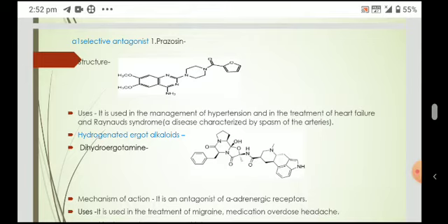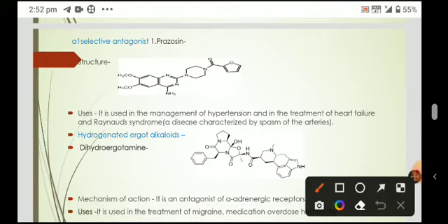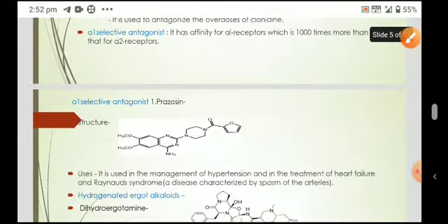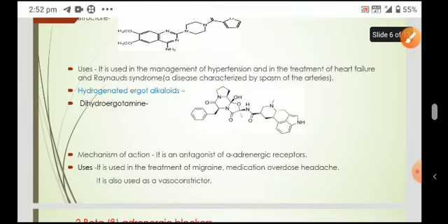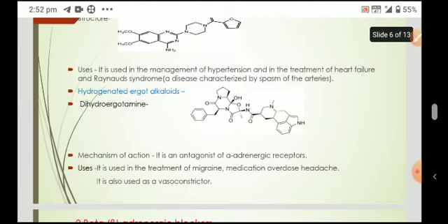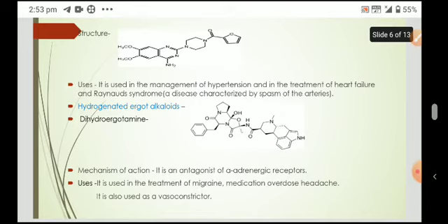Mechanism of action: it is an antagonist of alpha adrenergic receptors, means it blocks the action of alpha 1 adrenergic receptors. Use: it is used in the treatment of migraine. Again, the medication of overdose, headache. It is also used as a vasoconstrictor.